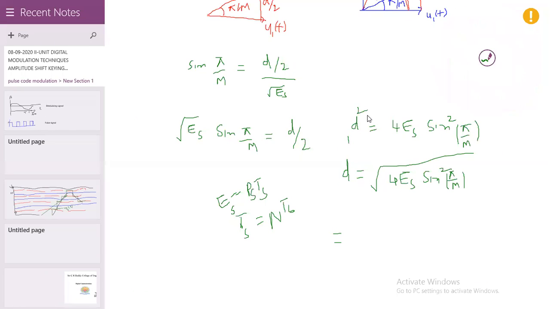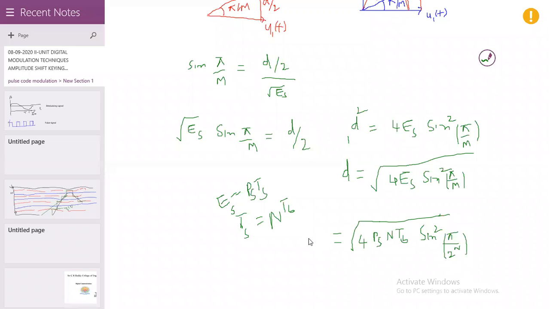Here we can substitute into this equation, where M is equal to 2 to the power of n, that is equal to 4 Ps, Ts is nothing but n into Tb, sine square pi by 2 to the power of n, because M is the number of levels.